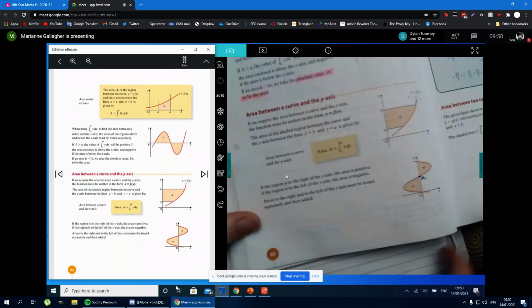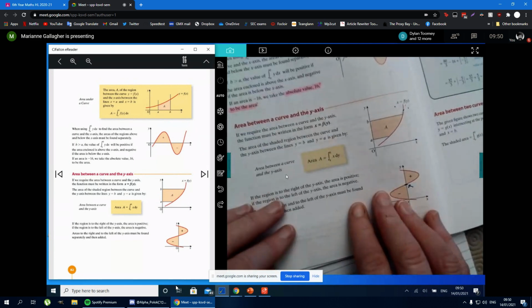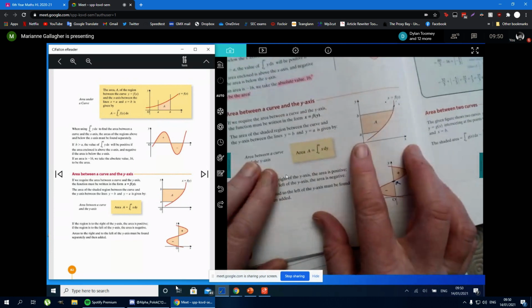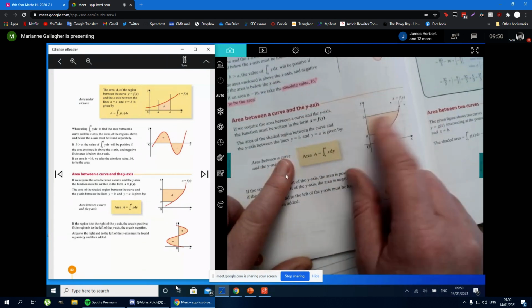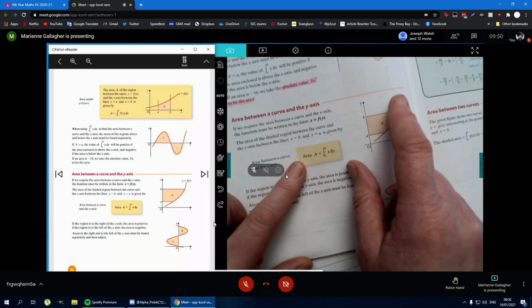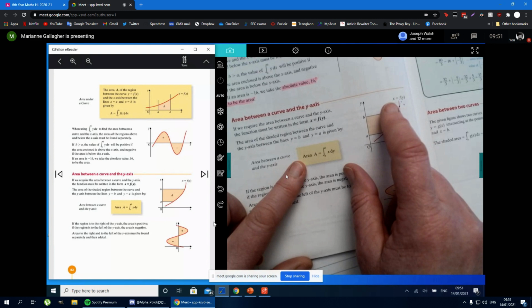The other thing is, as I mentioned, and this doesn't really come up very often, but just to know, you can also get the area between the curve and the y-axis. And what you have to do here is use inverse functions. So instead of y being f of x, we'd have to rearrange it.